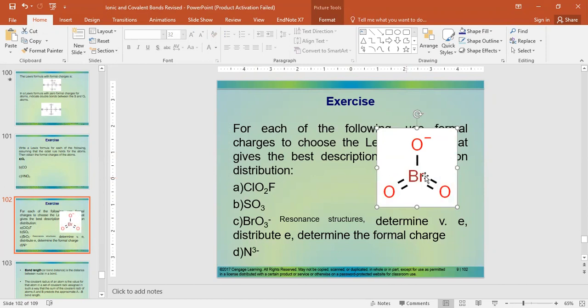What is going to be happening here is the interchange of this particular oxygen, because it can be here, it can be here. So you're going to have three resonance structures.